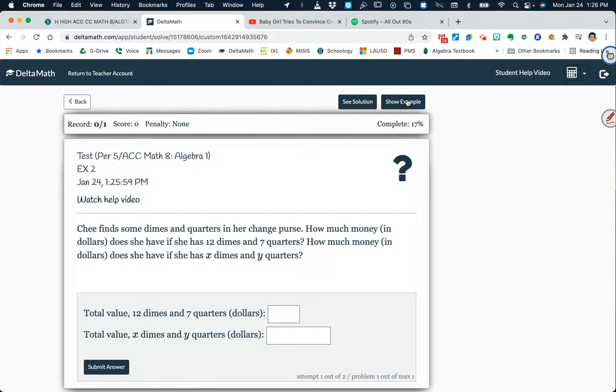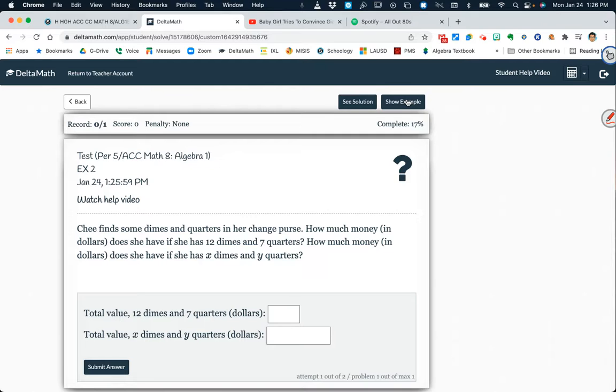I've never seen this name written this way, but here's the second one. Chi finds some dimes and quarters in her change purse. How much money in dollars does she have if she has 12 dimes and 7 quarters? How much money in dollars does she have if she has X dimes and Y quarters? Okay, this is asking us how much.